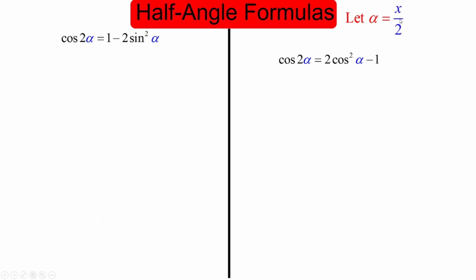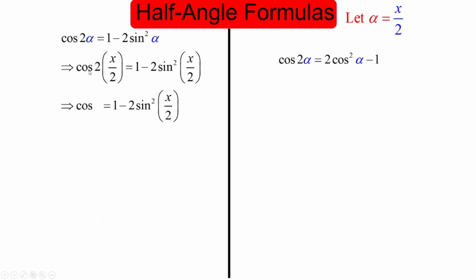That's half of an angle x right there. So let's just do direct substitution, and every alpha becomes x over 2. 1 minus 2 sine squared of alpha, which is also x over 2. Now, let's clean up the left-hand side here. So cosine of 2 times x over 2, the 2's would cancel, and that's just a cosine of x.